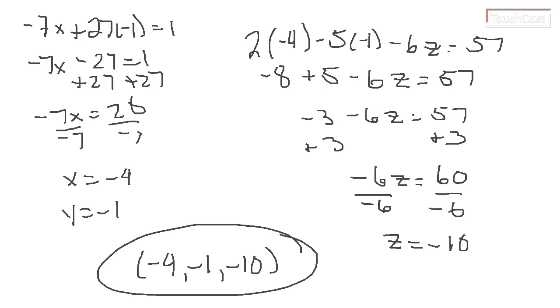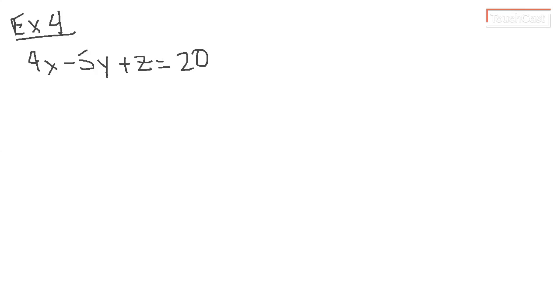All right, let's look at example 4. So we're going to have the system 4x minus 5y plus z equals 20.